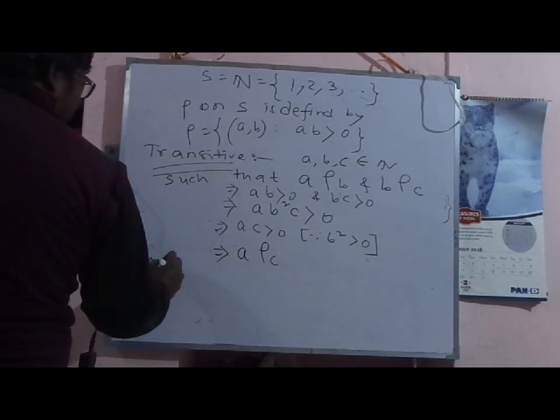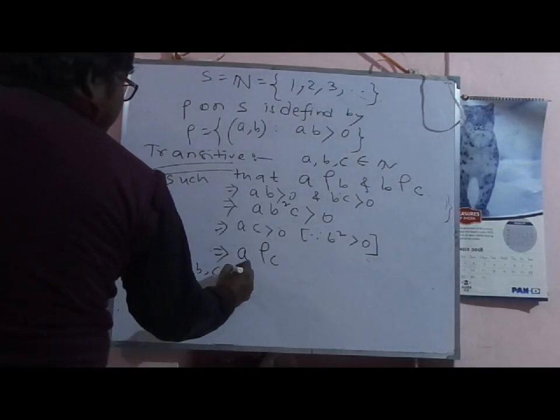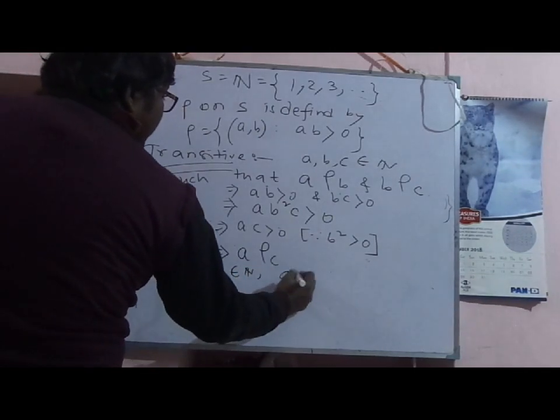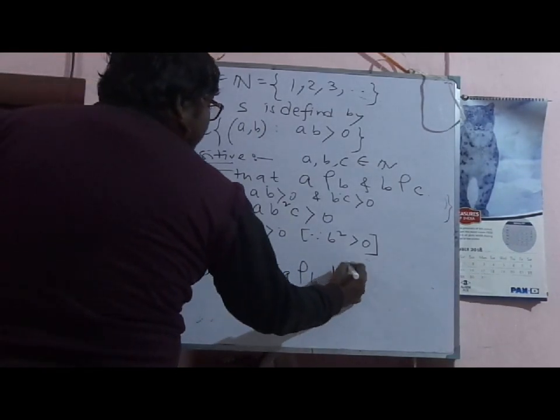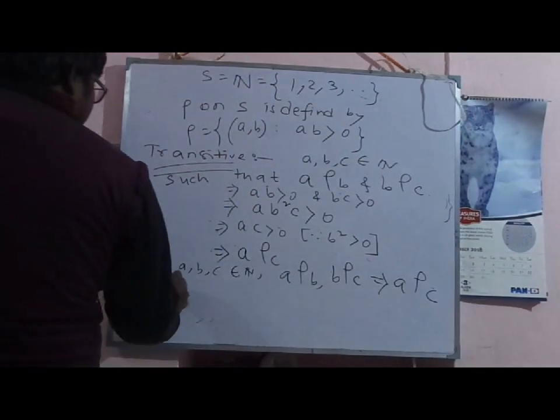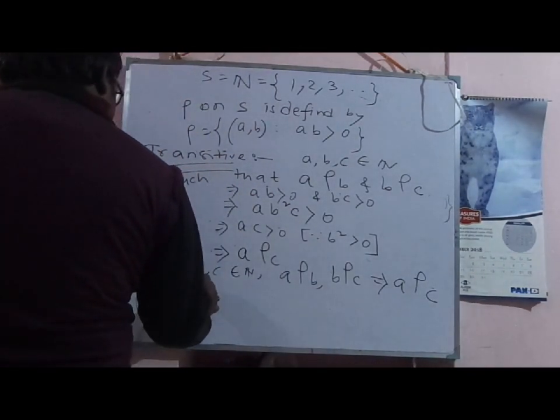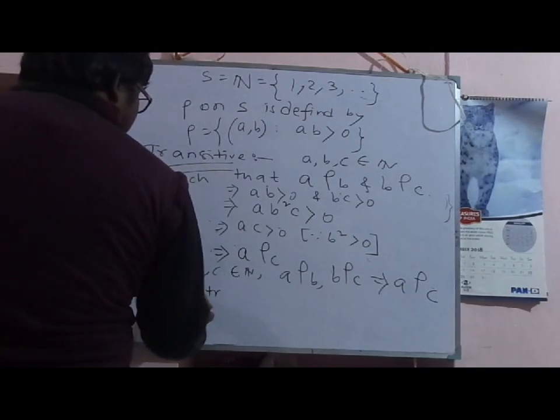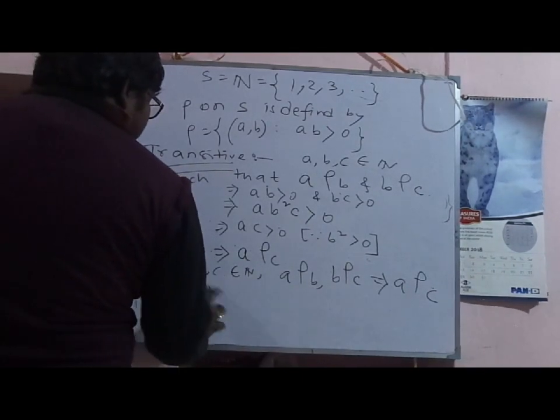Hence for a, b, c in N, a related to b and b related to c implies that a is related with c. Therefore, the relation rho is transitive.